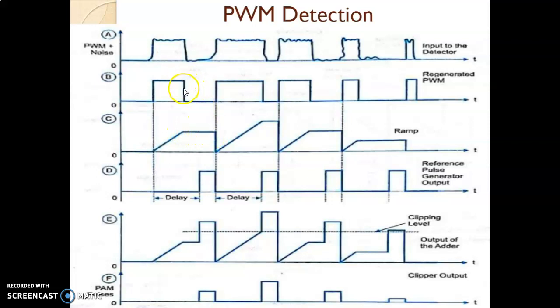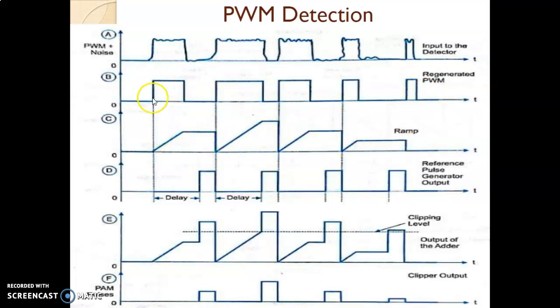Once the PWM signal is over, it will maintain its constant level. When another PWM pulse comes, again it starts rising, again it will maintain constant. When another PWM signal comes, again it will rise. So this rising time period is dependent on the width of the PWM pulse, and that is why you are able to see this kind of waveform.